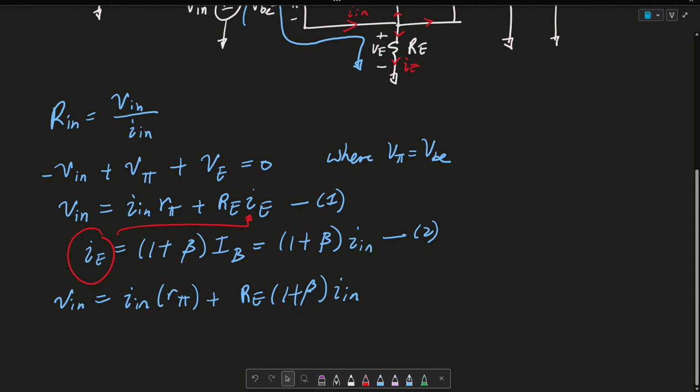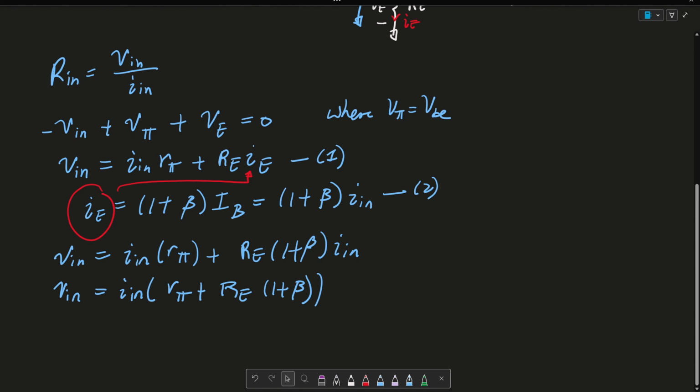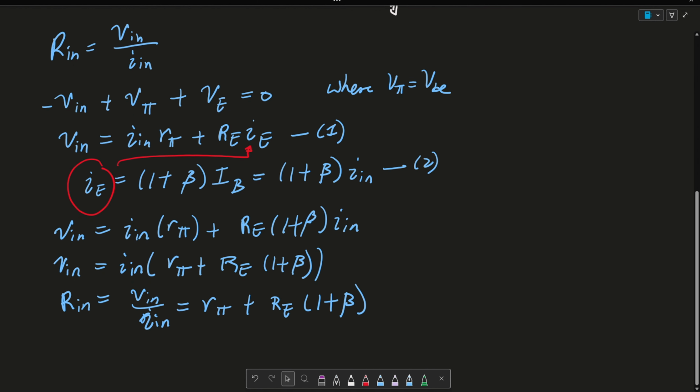If we keep going, we could pull out an In, and we're left with R pi plus Re 1 plus beta. And then since we said Rn is equal to Vn over In, this is then equal to R pi plus Re 1 plus beta.